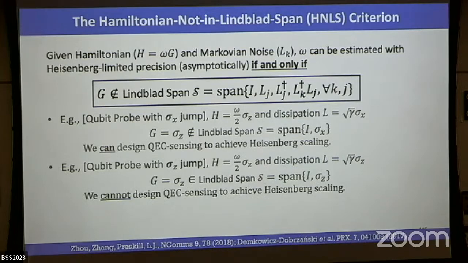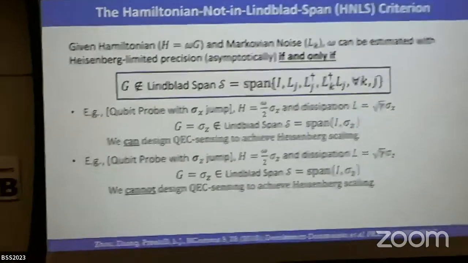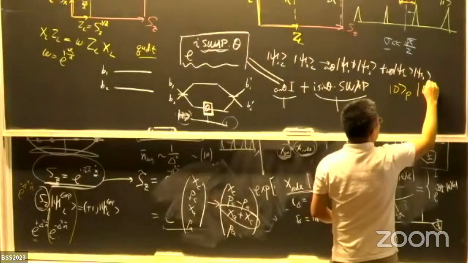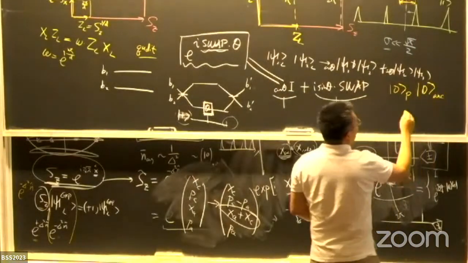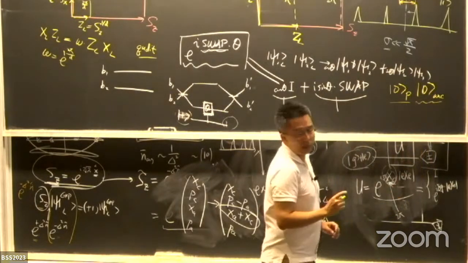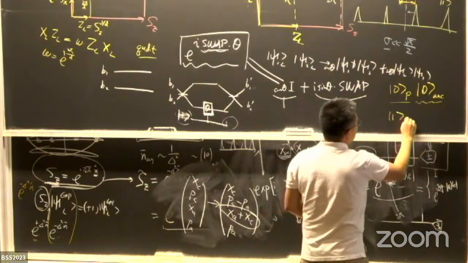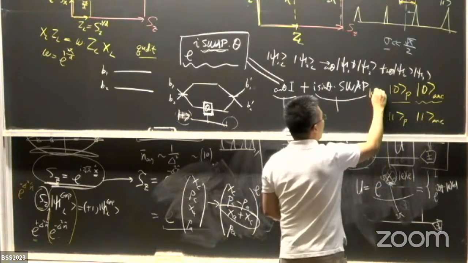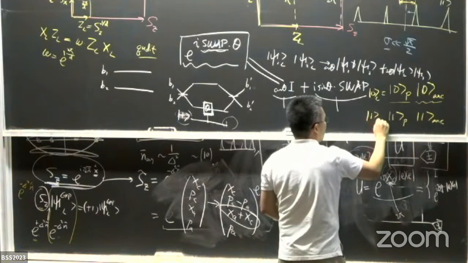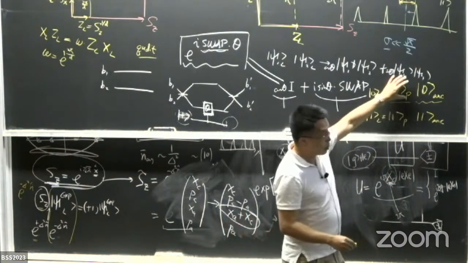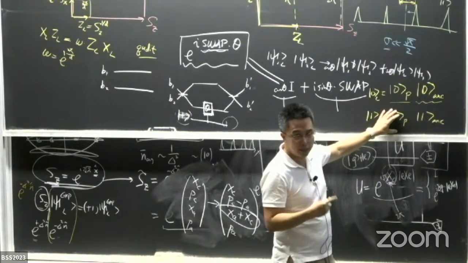And that choice of code is actually very simple. You just prepare the 0 probe and the 0 ancilla, and only the probe suffers the noise, and the ancilla in our setting is assumed to be perfect. You can do 1 probe, 1 ancilla. So this is a logical 0. That's a logical 1. So if there's no bit flip, I can maintain the superposition of these states to sense the signal.